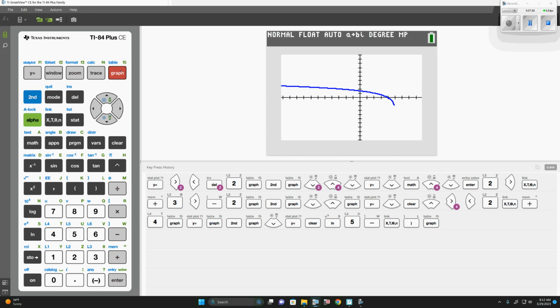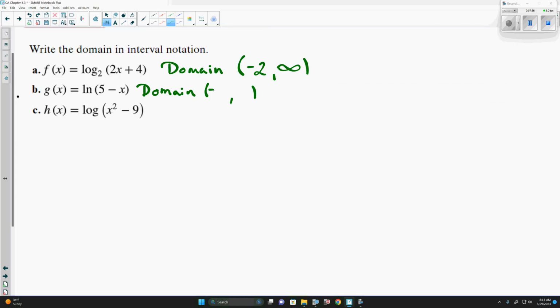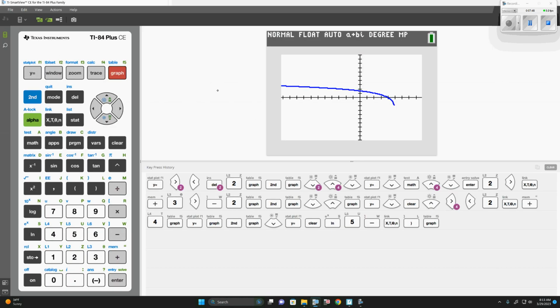Now, if we look at the domain for this one here, it's going to the left. So that tells us that the smallest number of the domain is going to be negative infinity. Now we just need to figure out what the biggest value is going to be.